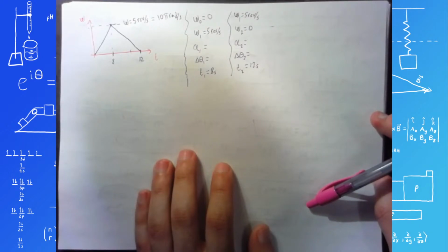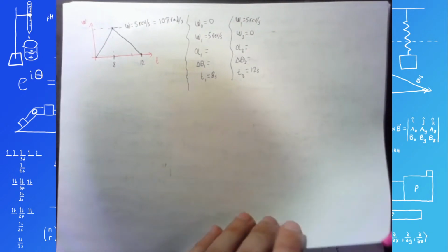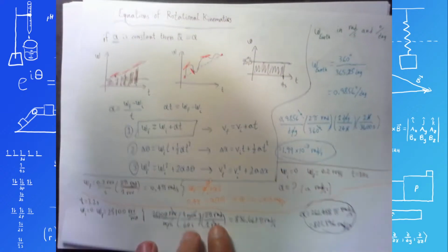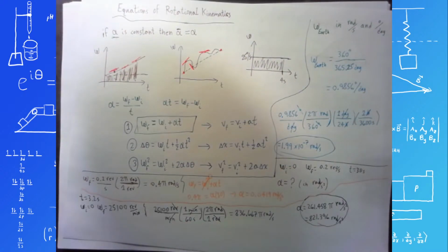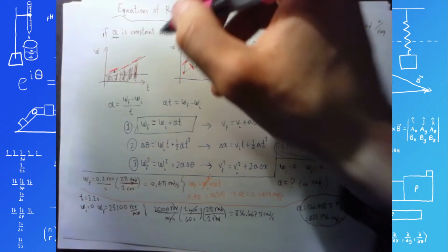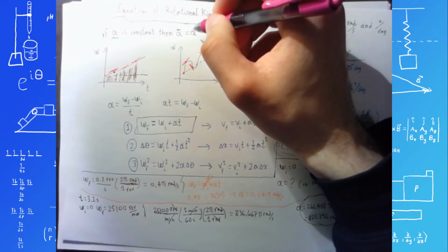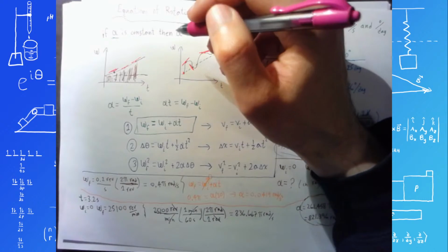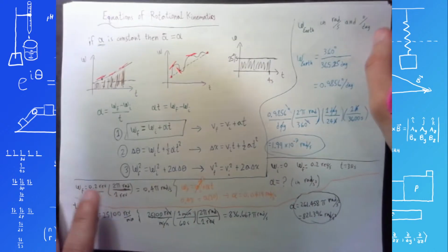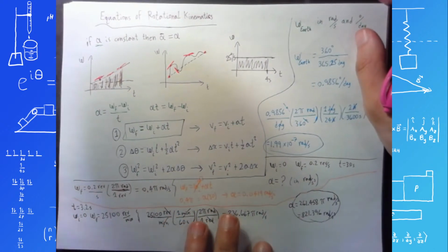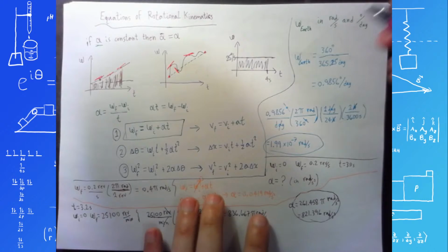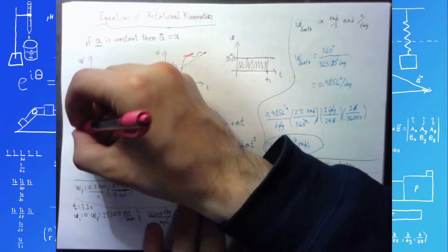Well, there is one way to avoid that, which is we could use the fourth equation for constant acceleration. Since the angular acceleration is constant, the average angular velocity is the average of the velocities.